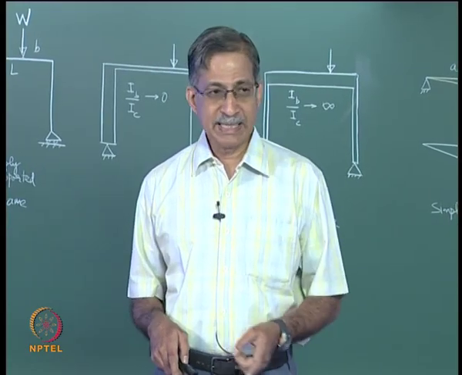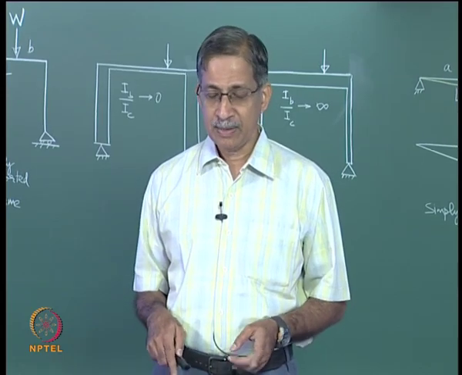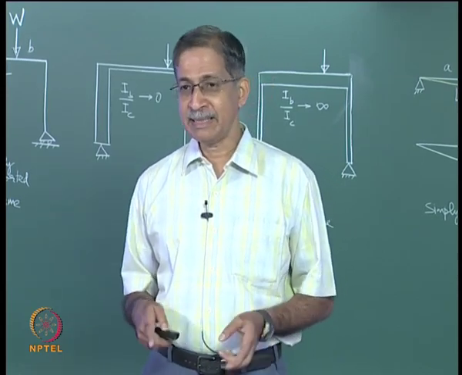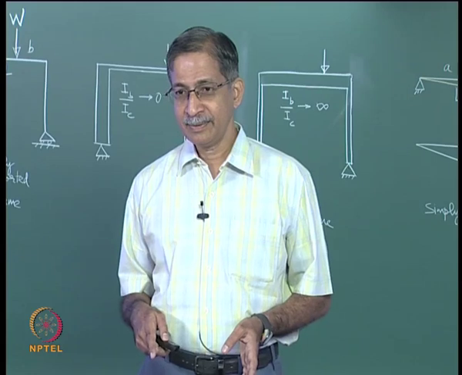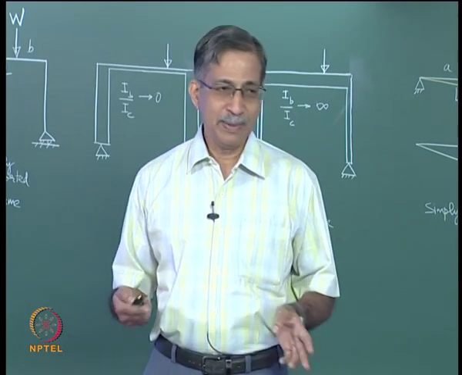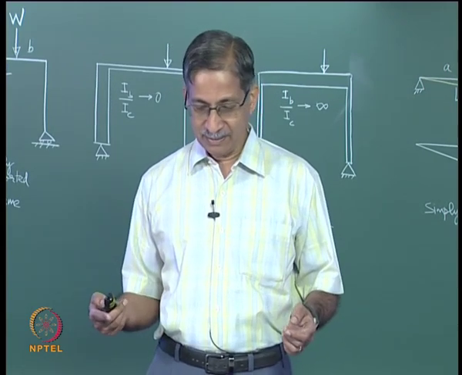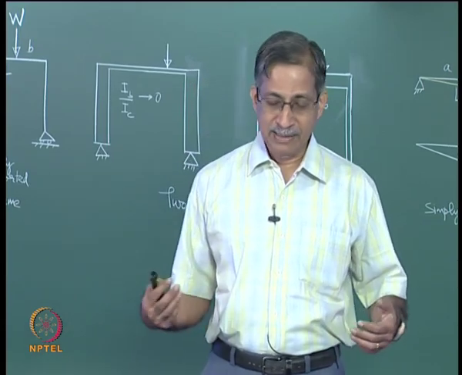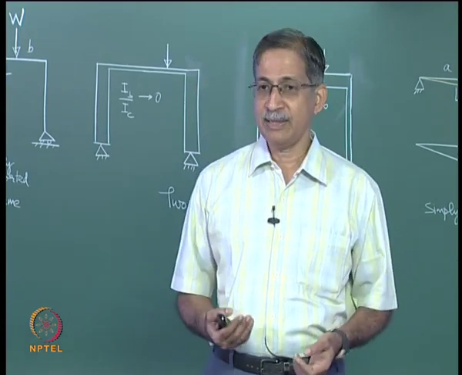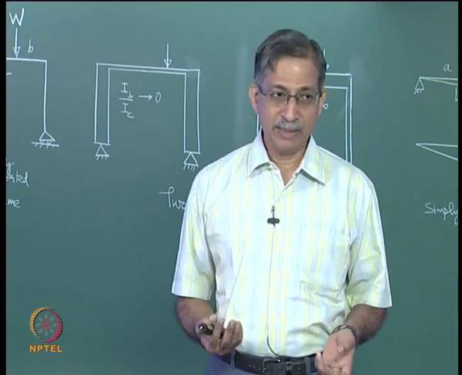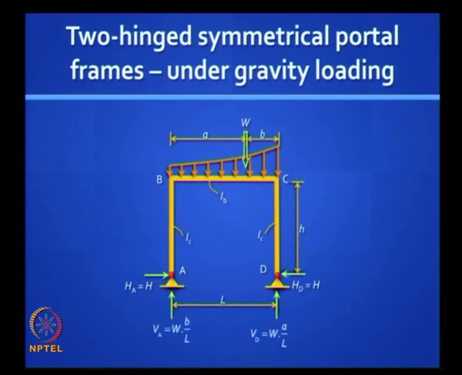What is the degree of static indeterminacy in this frame? 1. Is it internally or externally indeterminate? Either way, you can treat it as externally indeterminate by taking that horizontal reaction to be redundant, or you could take maybe the bending moment at the junction of the beam and column as a redundant.